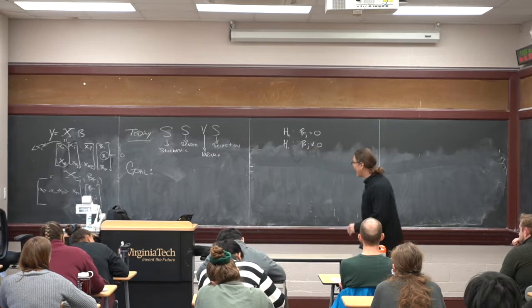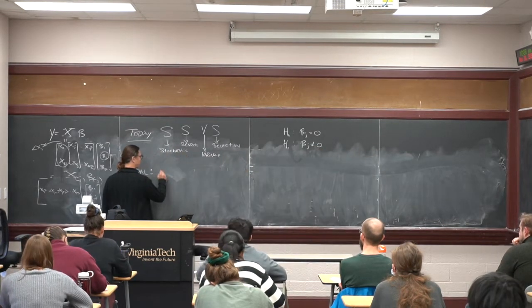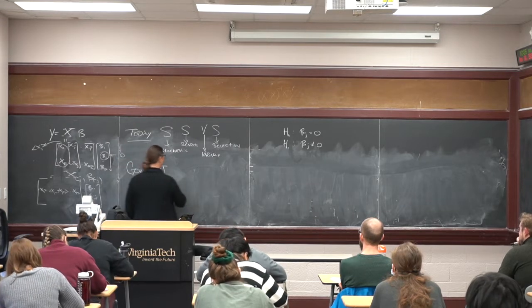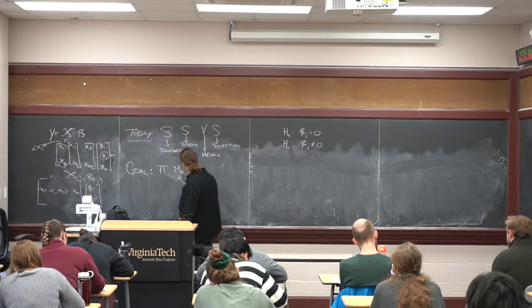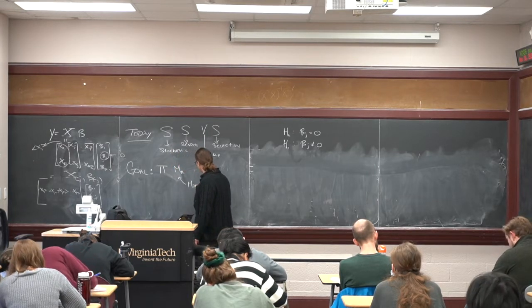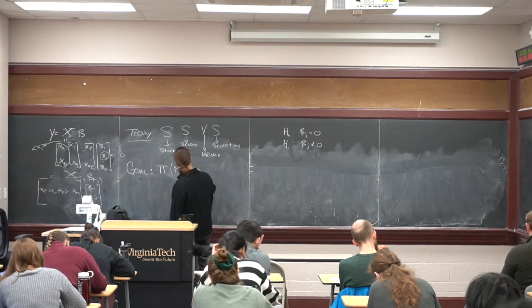So what we're really after is we're trying to figure out the posterior probability of the various models. So I'll just call this the kth model, model K, given all of your data.